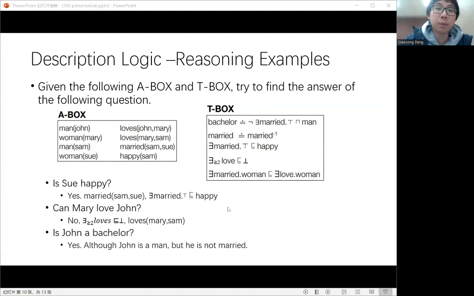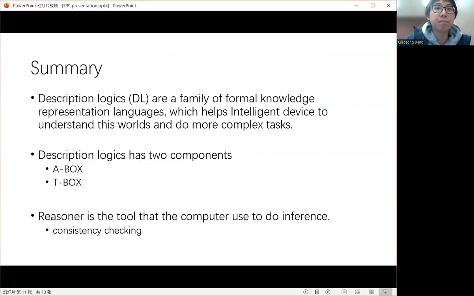Now I have come to the end of my presentation. In summary, description logics are a family of formal knowledge representation languages which model the world in a way that the computer can understand, so that the computer can use this knowledge to deal with more complex tasks. Description logic has two components called A-box and T-box. The A-box gives assertions and facts.